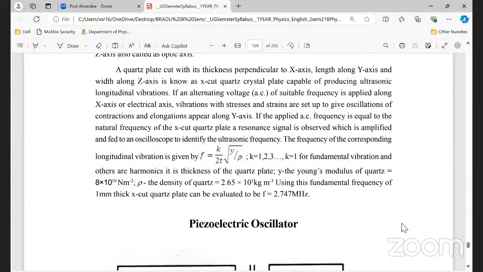If the frequency of the AC, that means the alternating current you are applying, equals the natural frequency of the crystal, please underline this.